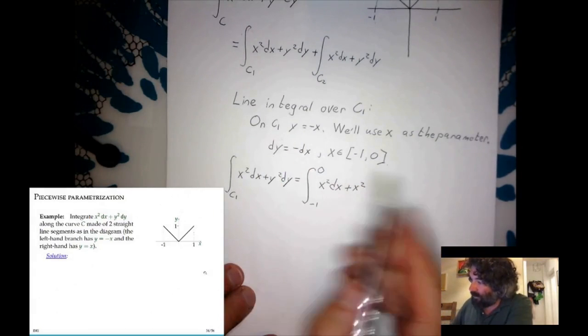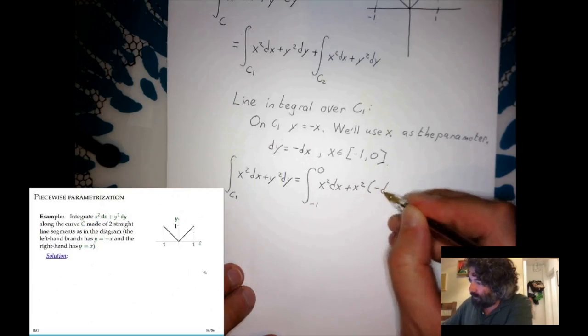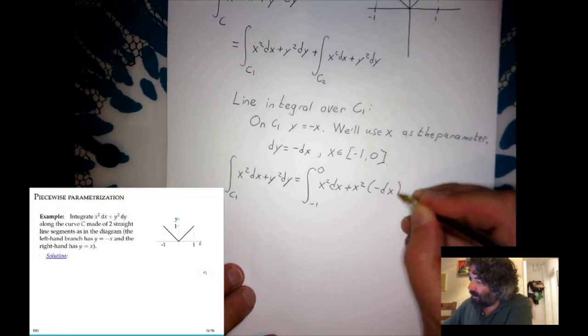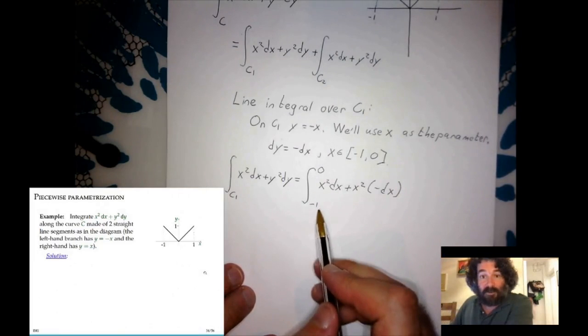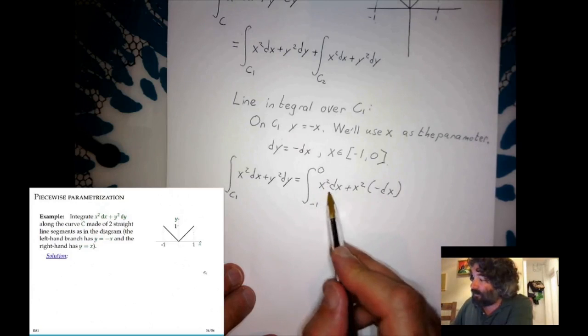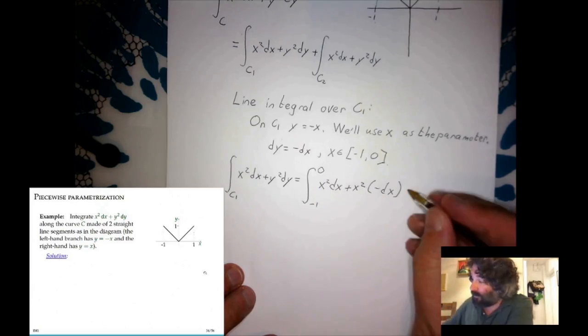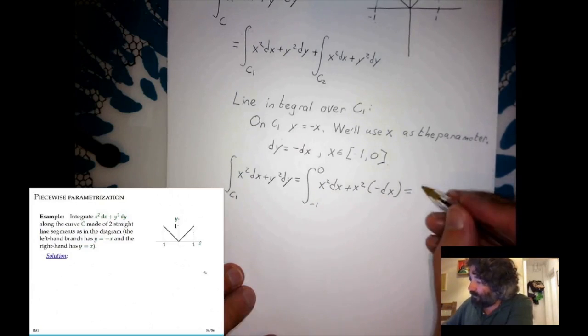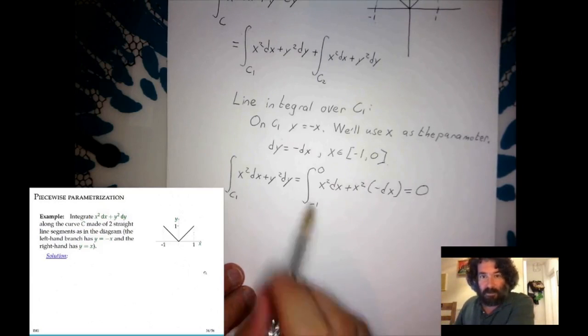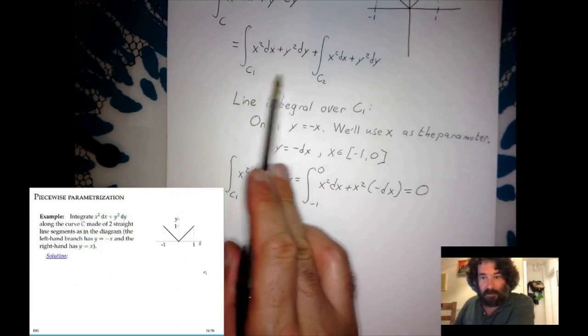And dy is -dx, so dy becomes -dx. So we have the integral from -1 to 0 of x squared dx minus x squared dx. So these two cancel out. So this integral over C1 is equal to 0. Right, so the line integral over C1, this part, is 0.